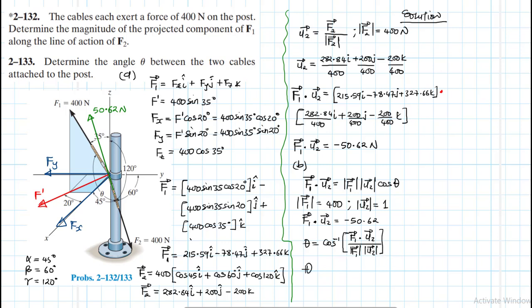Therefore this is going to be equal to minus 50.62 divided by 400 times 1, and theta is therefore going to be equal to 97.27 degrees.